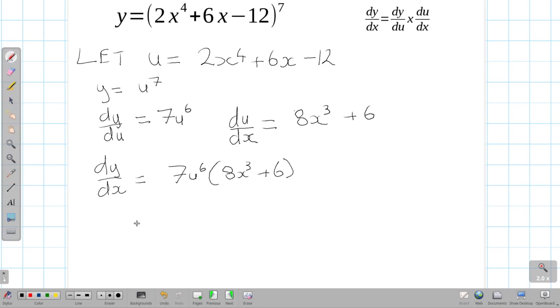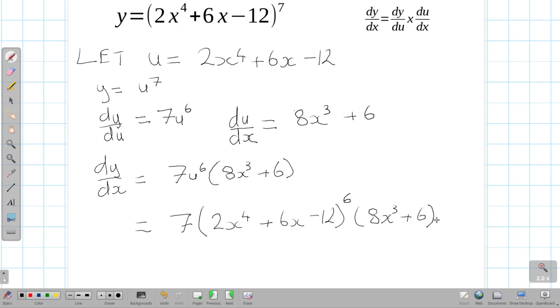Okay, so substituting in for u, we now have 7, put u in brackets, so that's 2x to the 4 plus 6x minus 12, close bracket, all to the power of 6, don't forget your powers, all times the derivative, 8x to the 3 plus 6.